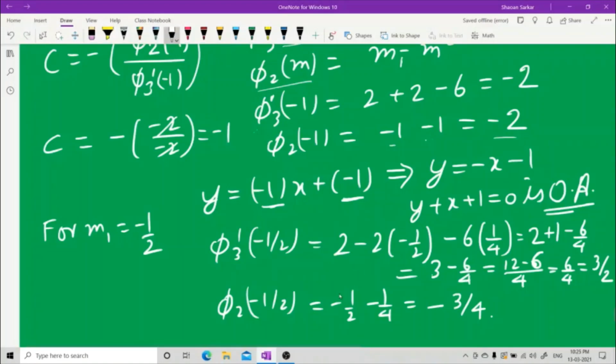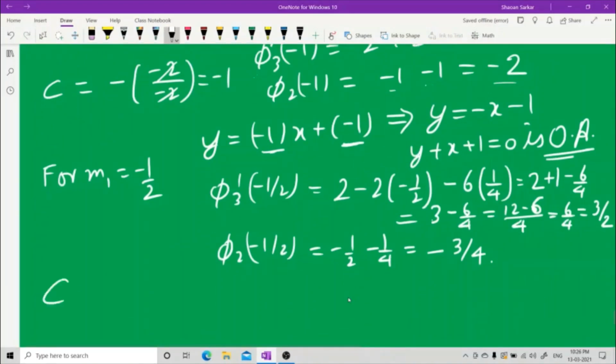Minus half and minus half square. Minus half square is plus 1 by 4. Minus 1 by 4, 4 common. Okay, let's check this. This is 2 plus 1 and minus 6 by 4. So 4 threes are 12, 12 minus 6 by 4. Okay, fine.